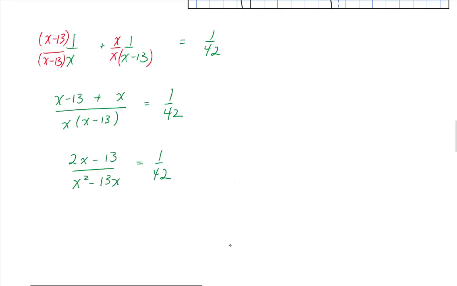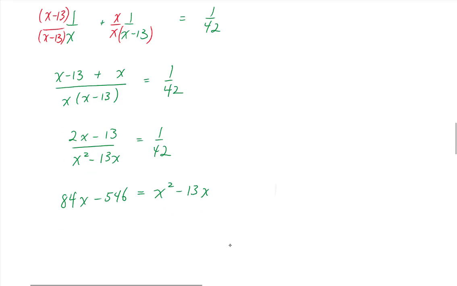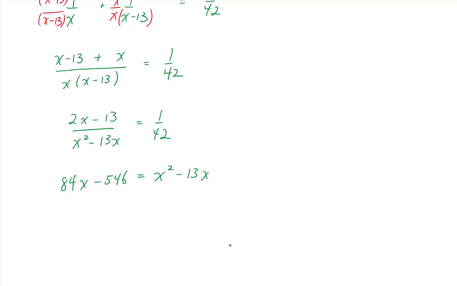Now we can cross multiply. And if we do that, we get 84x - 546 = x² - 13x. If we move all the terms to one side, we get 0 = x² - 97x - 546.